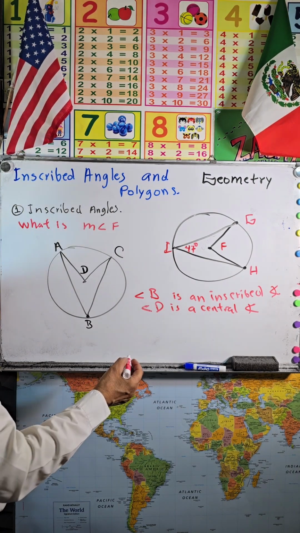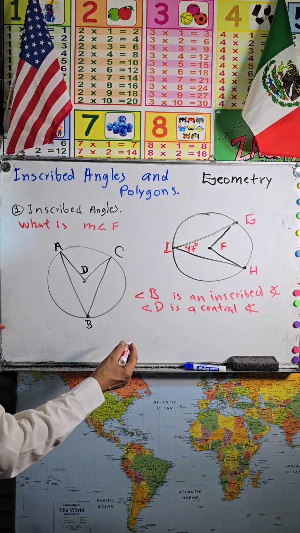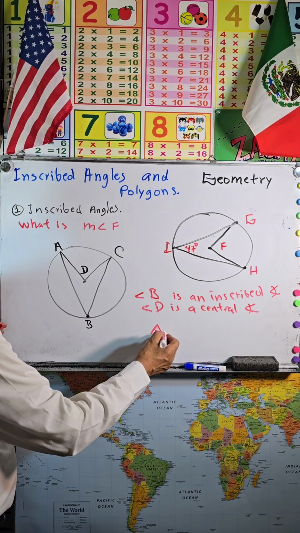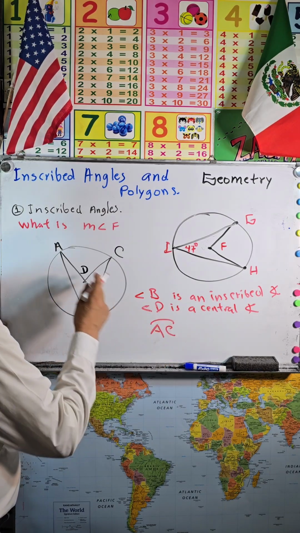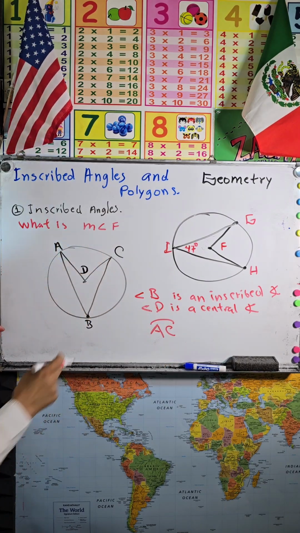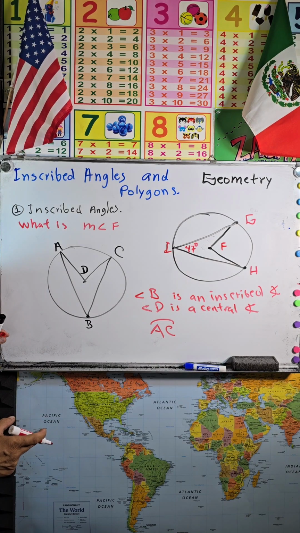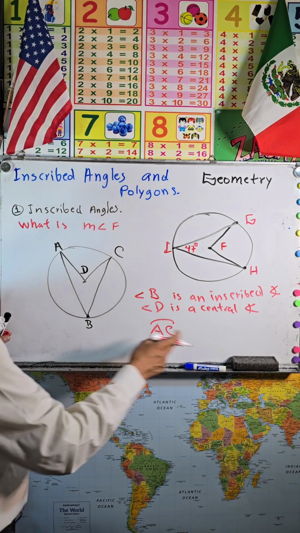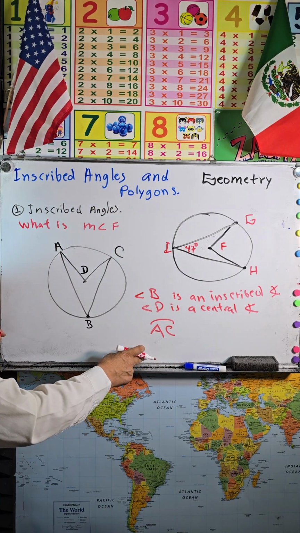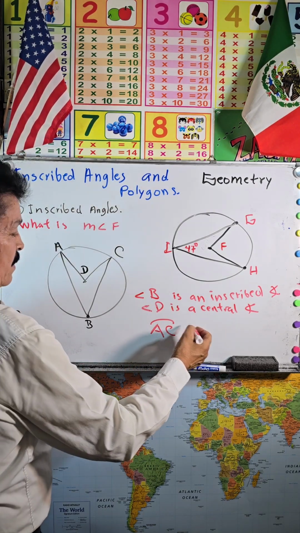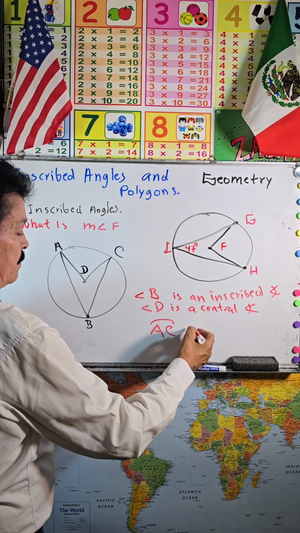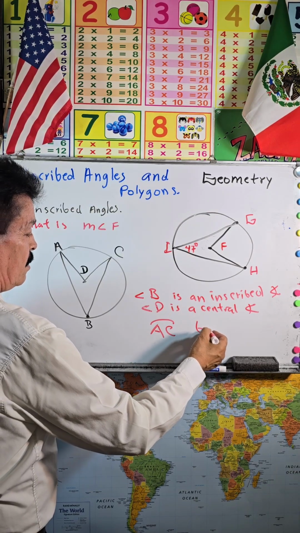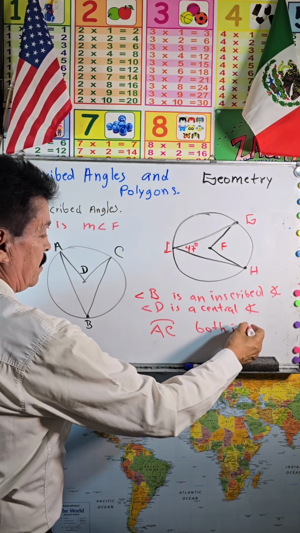And then on the arc, we have the arc AC. This arc is the one both angles intercept.